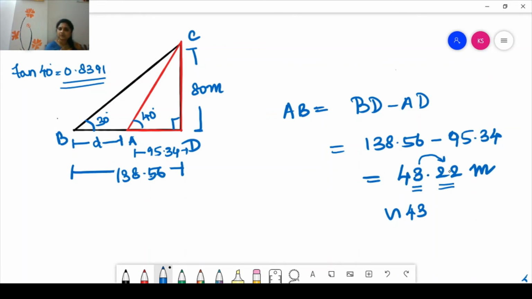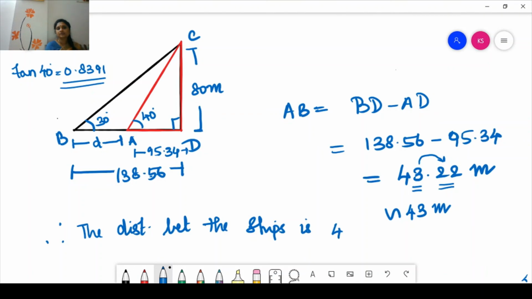So here it's less than 5, so this is approximately equal to 43 meters. Now we have to write the final answer statement. Therefore, the distance between the ships is 43 meters. The figure and the final answer statement is important.